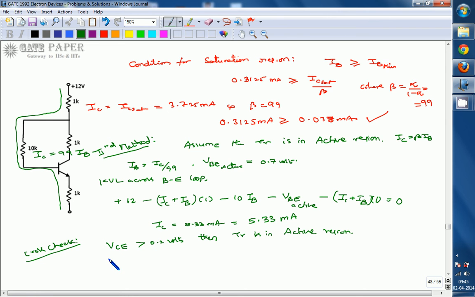Otherwise, if VCE is less than or equal to 0.2 volts, then the transistor is in saturation region. Understood?